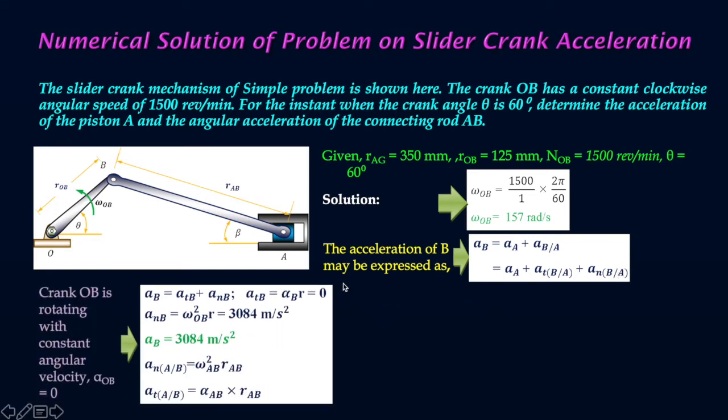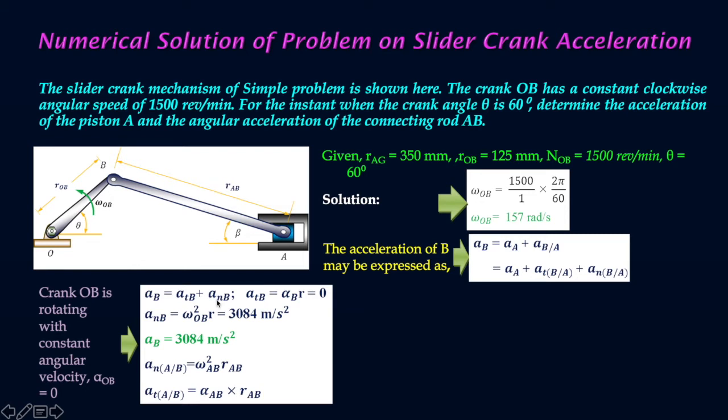So from this equation, let's write down the values. Alpha OB into R equals 0. Why? Because it is mentioned that this link OB rotates with constant RPM, means no angular acceleration. As angular acceleration is 0, the tangential component of this acceleration is 0, but as the angular velocity is there, the normal component exists.